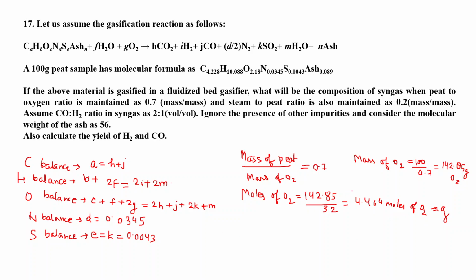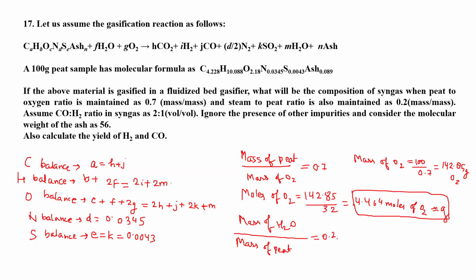So one variable we have got, which is G equals 4.464. Another is mass of H2O upon mass of peat ratio, which is given in the question as 0.2. So mass of H2O can be calculated, which is 100 into 0.2, which will be giving us 20 grams.